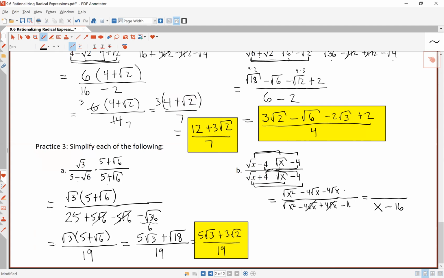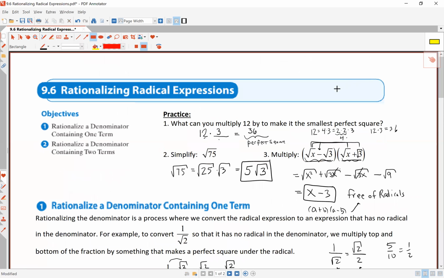Negative 4 times negative 4 is positive 16, and that gives us x minus 4 root x minus 4 root x is minus 8 square root of x plus 16. And this concludes the video for section 9.6, Rationalizing Radical Expressions, Objective 2, Rationalize a Denominator containing two terms.